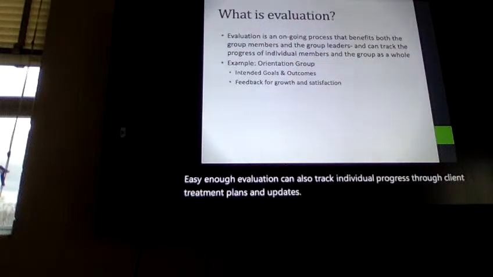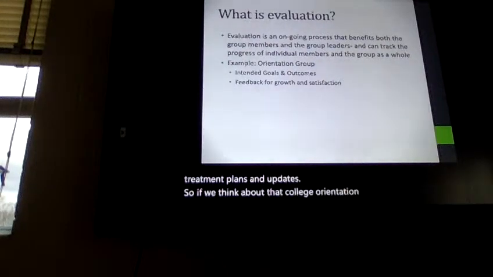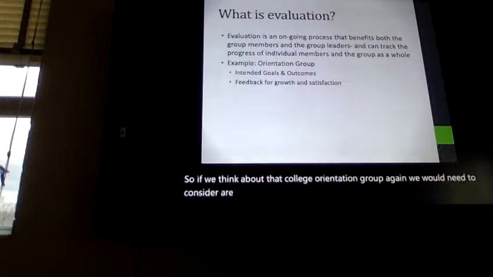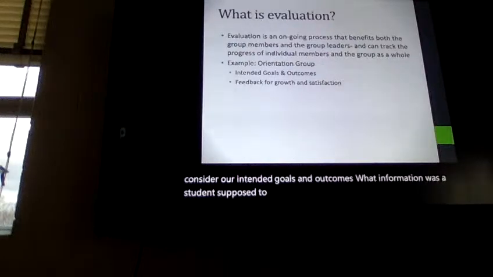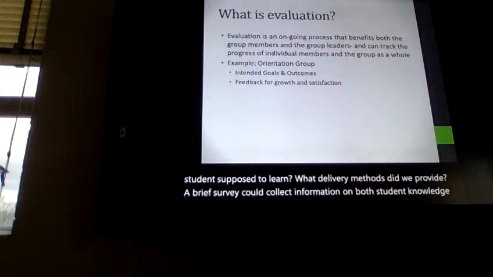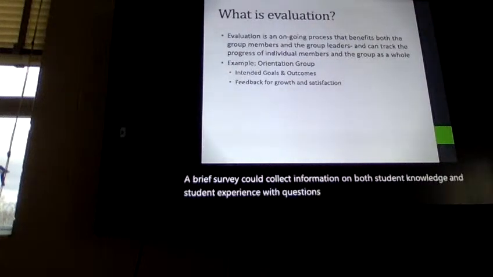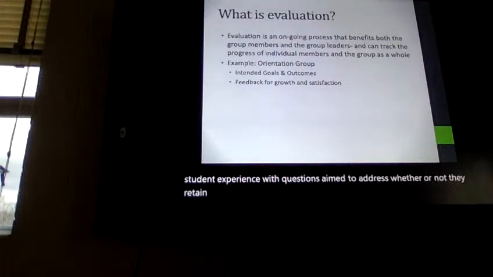So if we think about that college orientation group again, we would need to consider our intended goals and outcomes. What information were the students supposed to learn? What delivery methods did we provide? A brief survey could collect information on both student knowledge and student experience, with questions aimed to address whether or not they retained specific information, and other questions aimed to address the level of satisfaction.